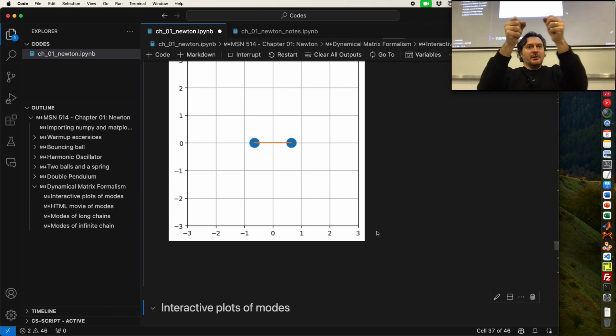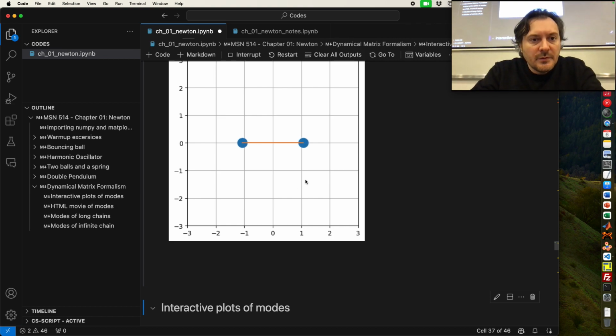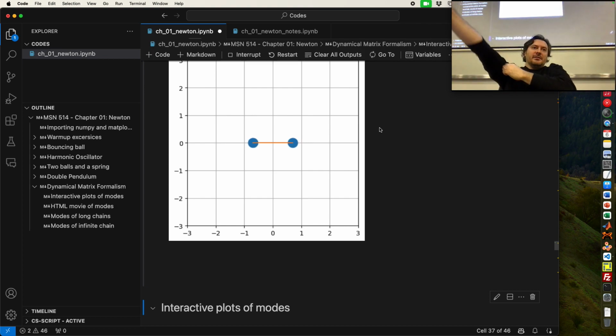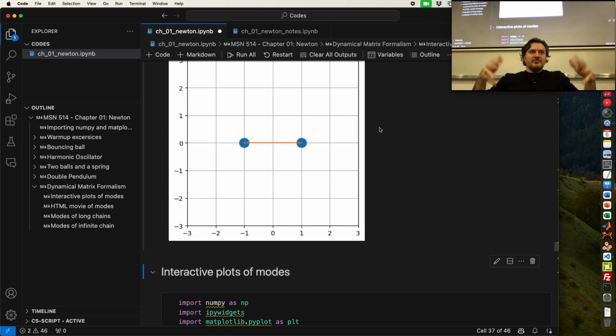And it had some frequency. The strength of the oscillation, the amount of force you feel when you do that vibrational mode, corresponds to that frequency. It's proportional to that frequency, okay?